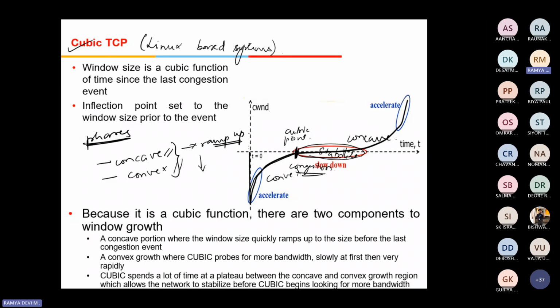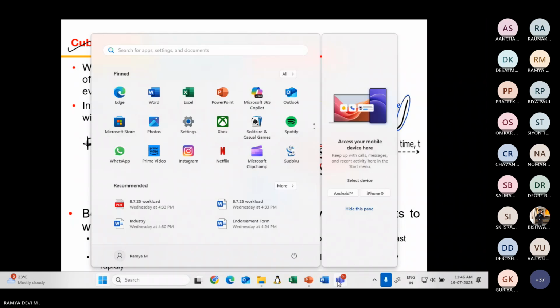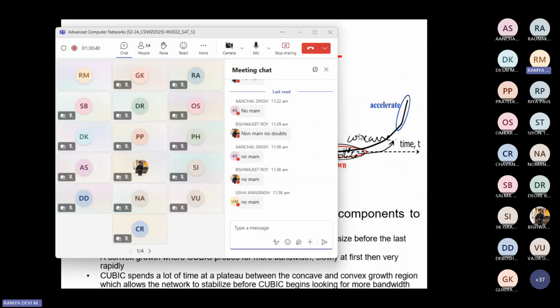If no congestion is detected, see here, till this time it retains the same window size. If no congestion is detected, it goes to the next phase. Okay, it increases the transmission. Right? Any doubts? Do you have any doubts?